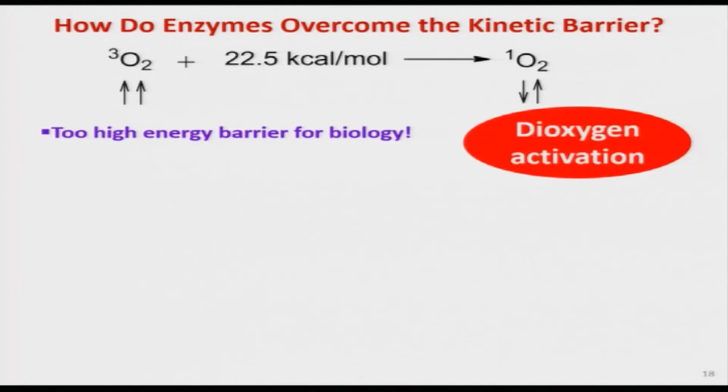This is what is called dioxygen activation. Indeed, the dioxygen needs to be activated. This amount is too much for biology. One needs to reduce this energy in order to make use of dioxygen. Otherwise, it is impossible to do that. Okay. So, dioxygen activation, these days we are hearing this. This is basically how biology can reduce this energy so that it can be affordable.